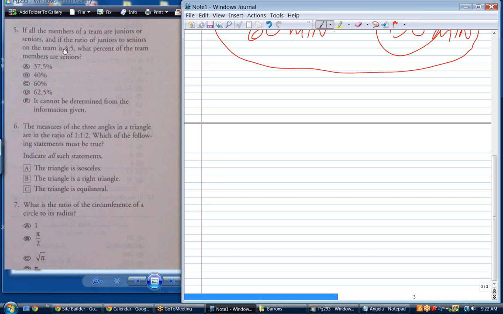So we get 8 total, 5 of whom are seniors. And again, you could pick numbers, but you can see that in a lot of these cases we can use the percentages instead of picking numbers. In other words, we could have picked 8 people on the team, 5 are seniors, 3 are juniors, 5/8 is the ratio.